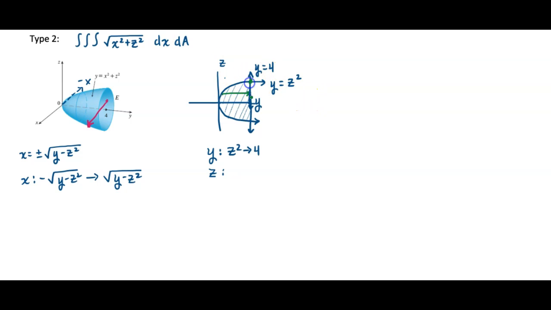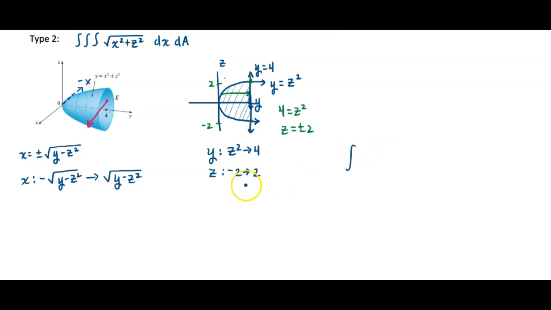To find these intersection points, I can just set y equals 4 equal to z squared, meaning that z is going to be plus or minus 2. So this is 2, this is negative 2, and so my z values are going to go from negative 2 to positive 2.